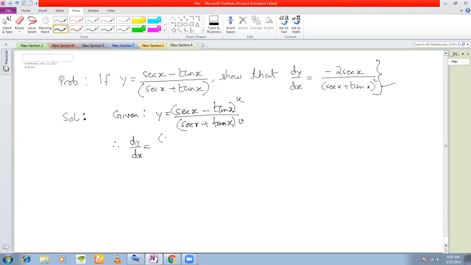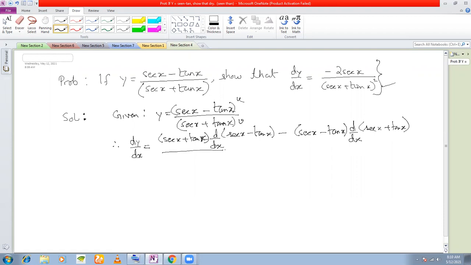So v d/dx of u minus u d/dx of v, whole divided by v square. So you already got, if you see in the proof, sec x plus tan x square. You've got the denominator here.